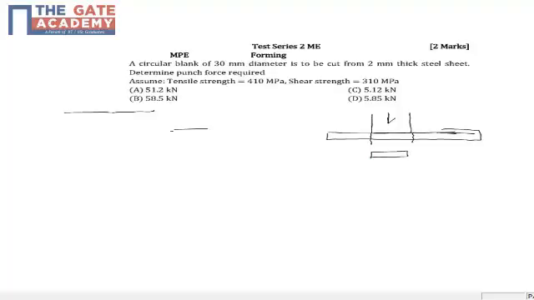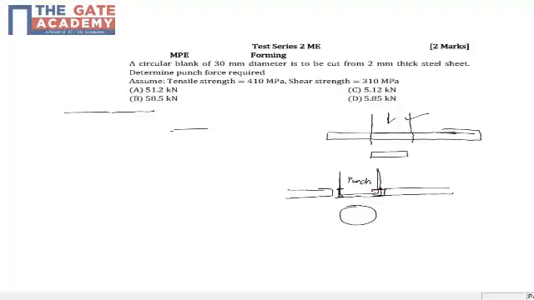Okay, so if you consider the punch here, and if you draw the free body diagram of the punch during the cutting, let's say this is your steel plate. When it cuts and goes through the entire thickness, this portion of the punch throughout the circumference will experience the shear force.